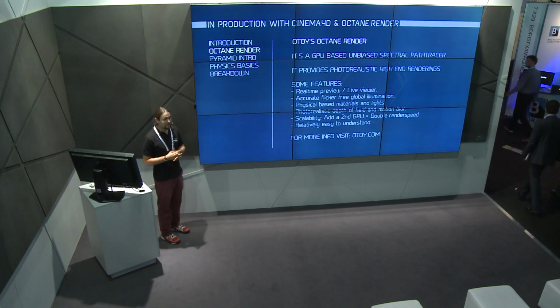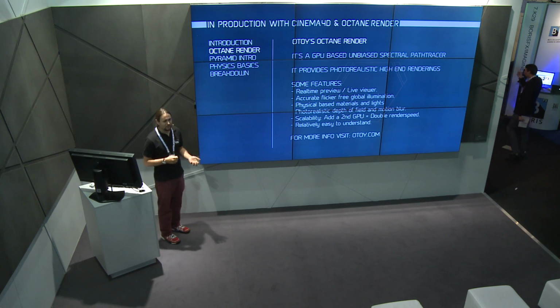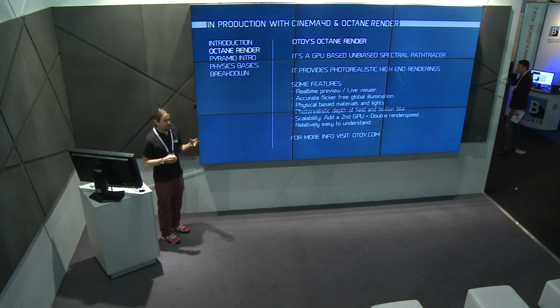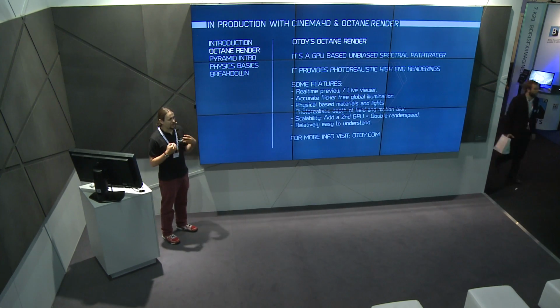The feature that I like the most about Octane is the real-time preview. It allows you to really see what you're doing, and we will explore this later together. I can just see when I light stuff, when I shade stuff, what the renderer is doing, or what I am doing in the final render, so to speak.